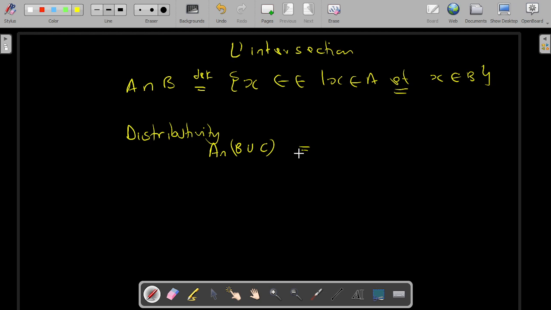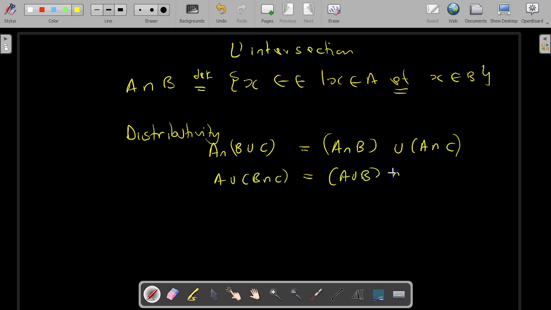Well, the intersection is actually going to be distributive with respect to the union sign. So we'll have (A intersection B) union (A intersection C). And we also have A union (B intersection C). So here what I'm trying to show you is that the union is also distributive with respect to the intersection. So basically we'll have (A union B) intersection (A union C).